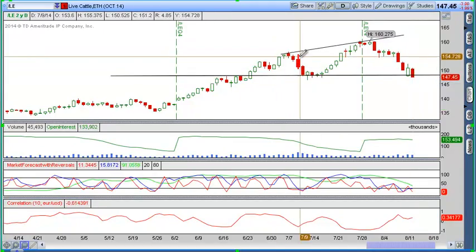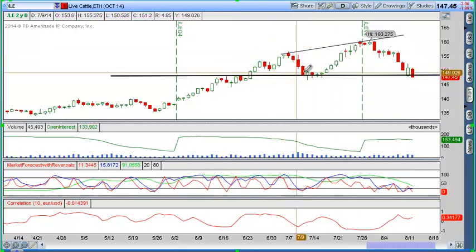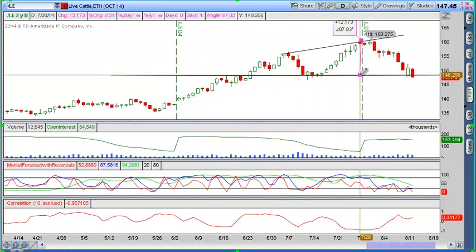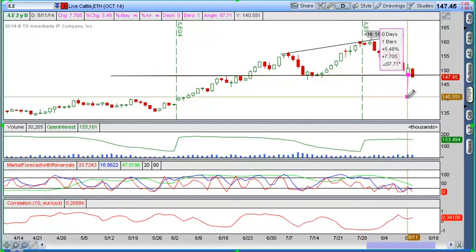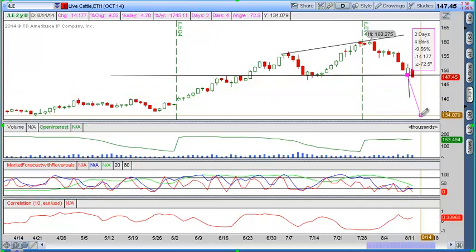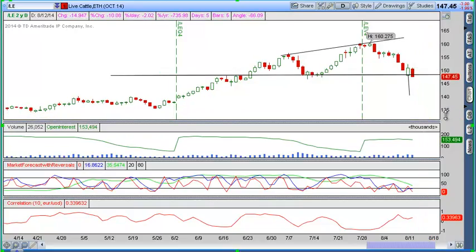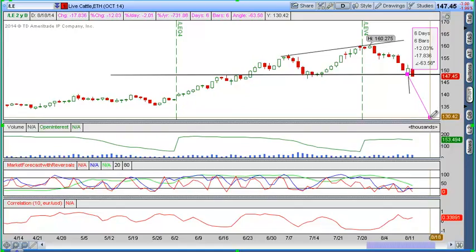Because it's a widening pattern, the first target I would start with is this base, and this base is about 5%. The second target would be the larger component, which is about 12%. So 5% would take cattle futures down to previous resistance somewhere in that range. 12% would take us even lower, and we're looking at, off my chart, somewhere in this range.